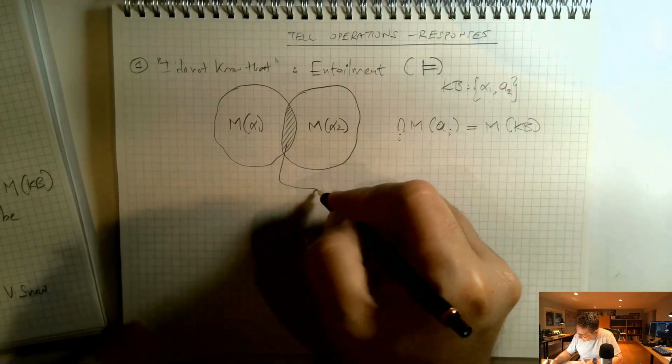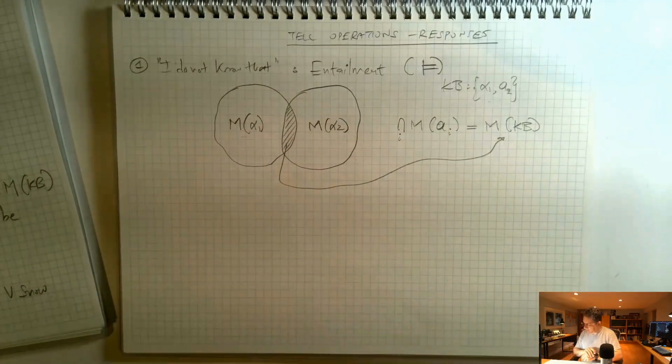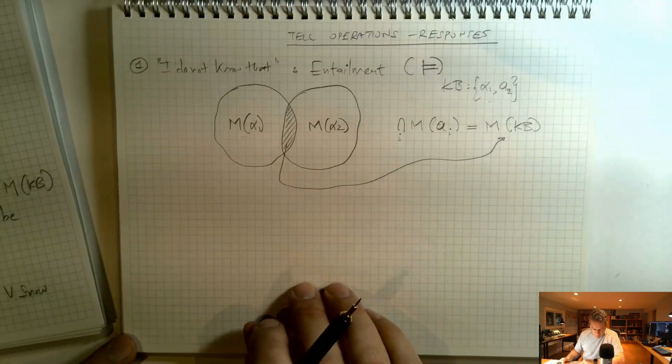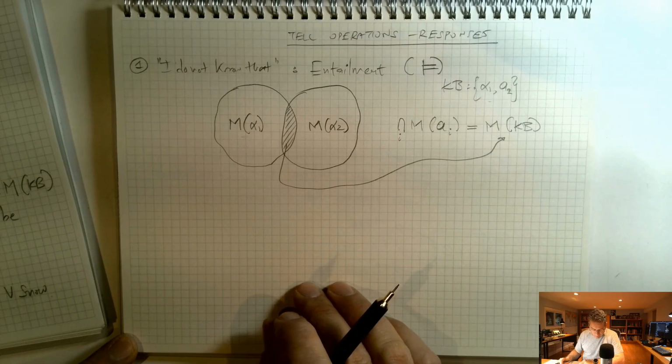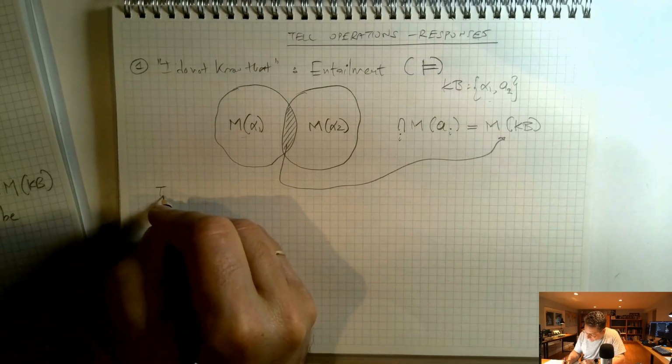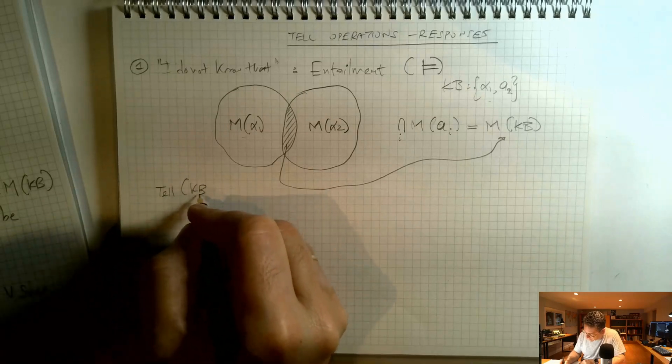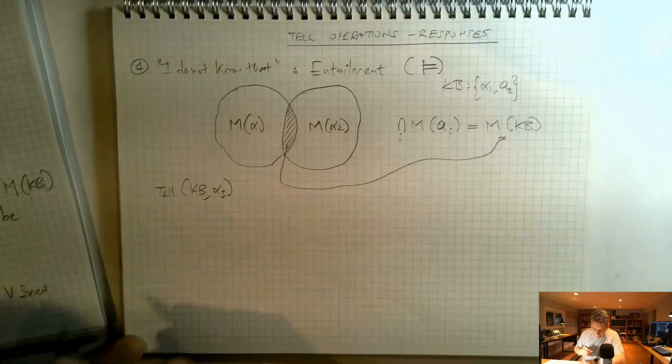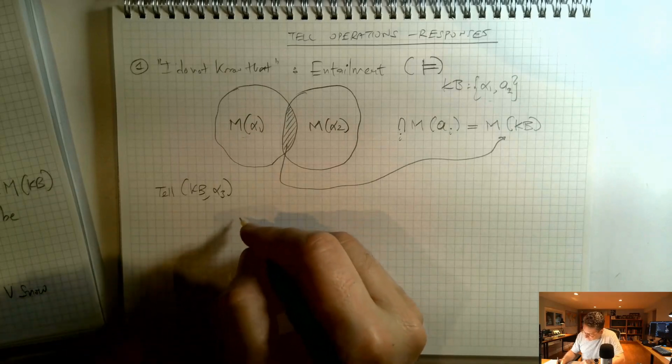This area over here is the set of models for the knowledge base. Let's assume now that another sentence A3 is coming in, and we will tell the knowledge base about A3.